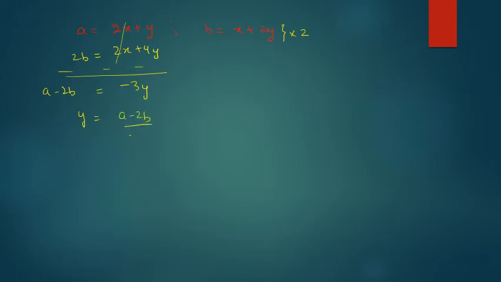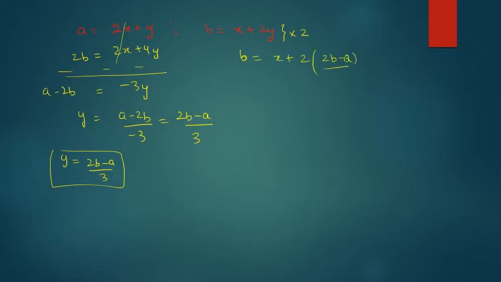How can we solve it? By elimination or anything. Let's say if I multiply this with 2, I'll get 2x plus 4y, and 2b here, correct? If I subtract them, this will be reduced to minus 3y equals a minus 2b, correct? So y will be, minus 3 will go the other side, so the sign will be interchanged. So y we have got is (2b minus a) by 3, correct? Now for x, if you put y here, x plus 2y is b, so x plus 2 times (2b minus a) by 3 equals b.